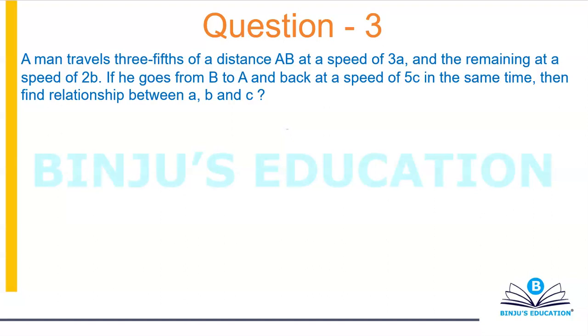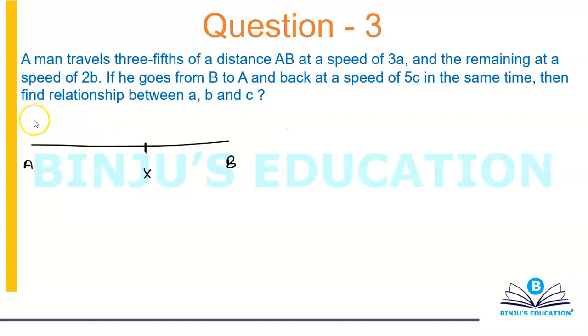A man travels 3/5 of the distance AB at a speed of 3A and the remaining at an average speed of 2B. Okay, so let's first draw AB. Let's say AX is 3/5 of AB.